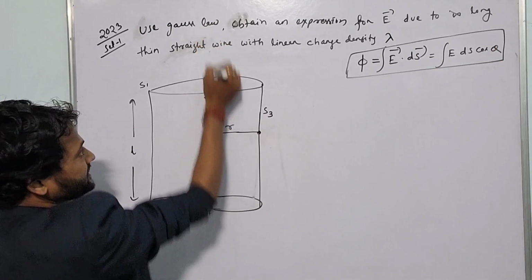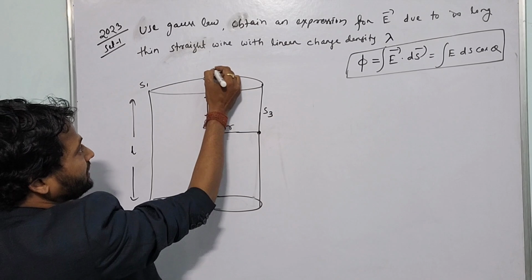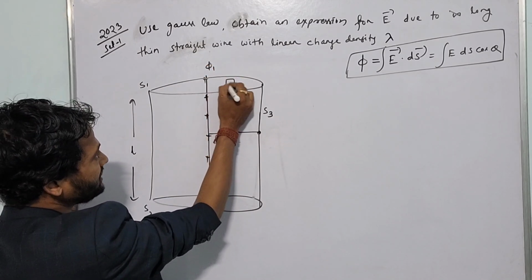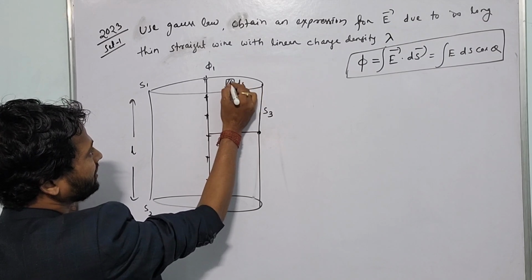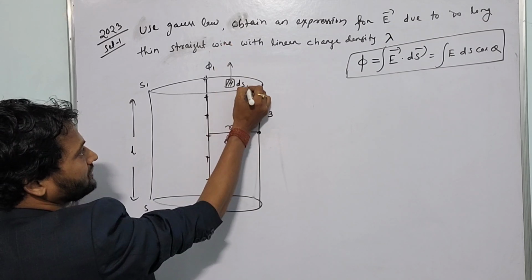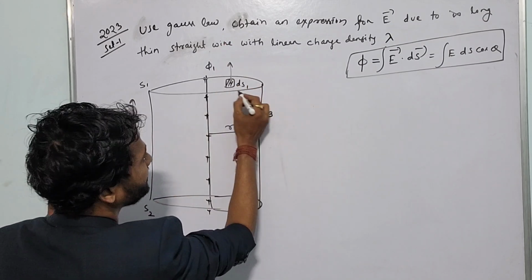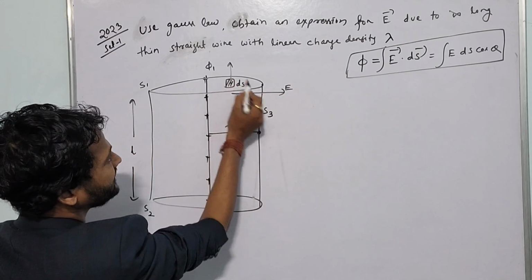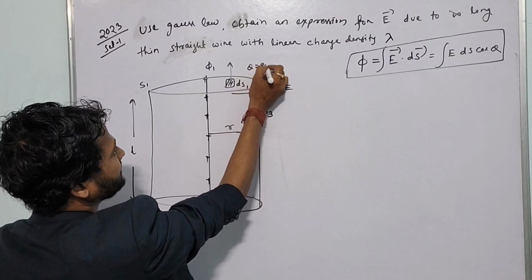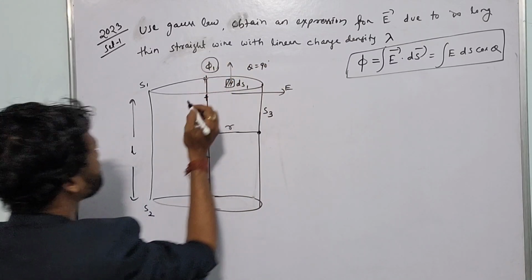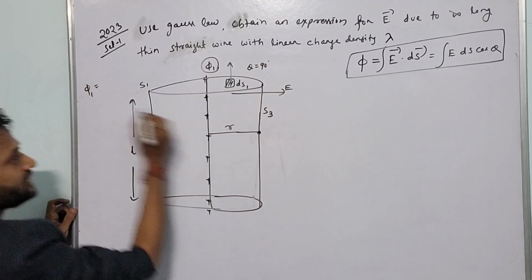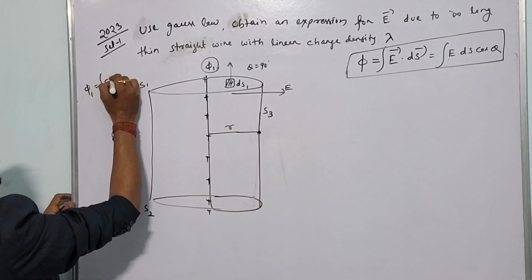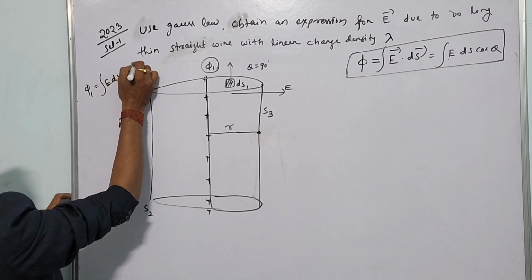So the flux through surface 1, let it be phi 1. We'll take a small surface area ds1, the normal to the surface area is upward, and the direction of the electric field is away from the charged body. The angle between E and ds1 is 90 degrees. So what is flux phi 1 here? Phi 1 is the integration of E ds1 cos theta.